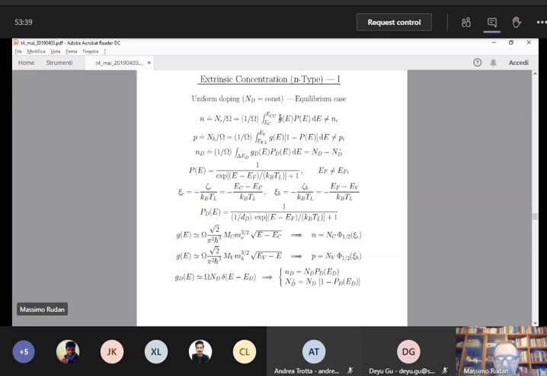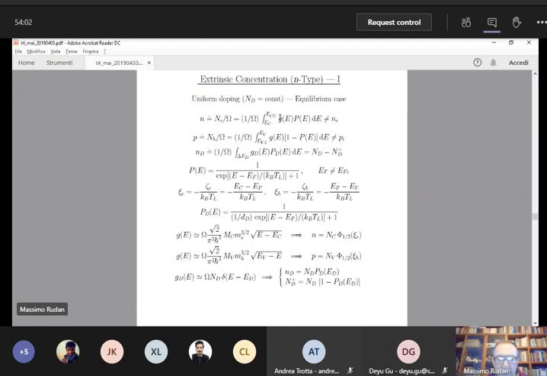And at the beginning of the calculation, the position of the Fermi level is not known. You remember, we already met this problem in the intrinsic case, okay? We perform the calculation using the Fermi level as a symbol, but eventually we must calculate the position of the Fermi level.